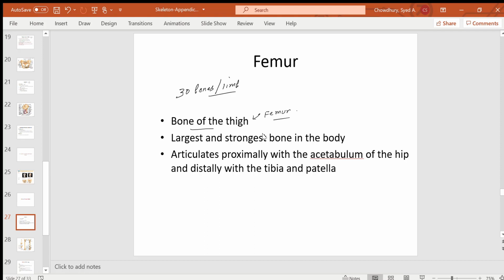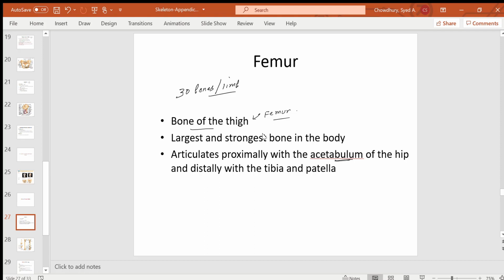And the upper end of the femur forms the hip joint. You remember the acetabulum, that deep socket in the hip bone. So the head of the femur goes into it and forms the hip joint.